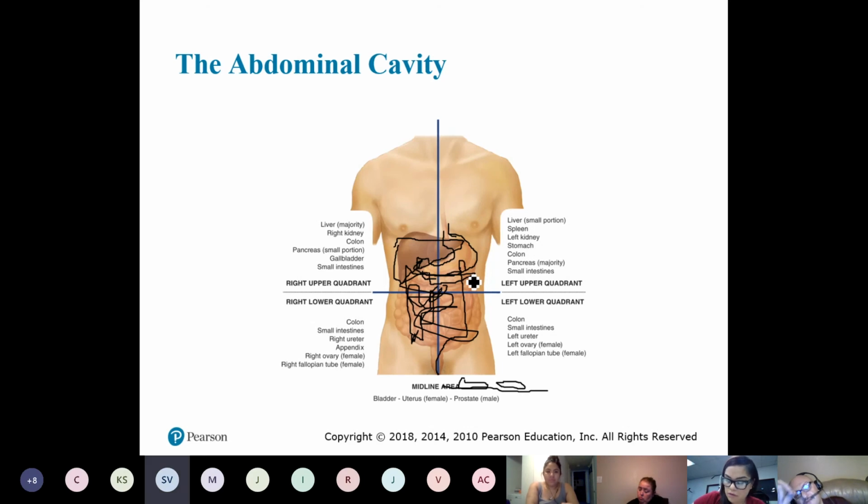If we have blunt force trauma to the left upper quadrant, what organ are we going to think about? Stomach or spleen? The stomach is hollow. It would be the spleen. Those get injured very easily with blunt force trauma. So if you have a patient that suffered blunt force trauma to the upper quadrants, you got to think about either liver or spleen injury.